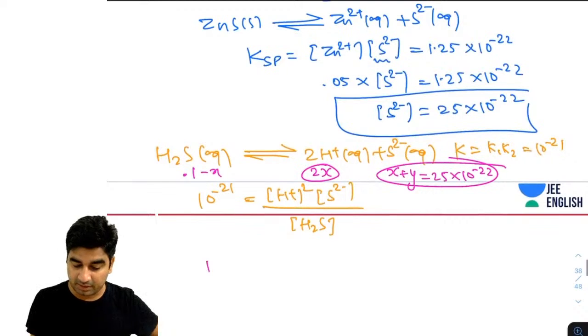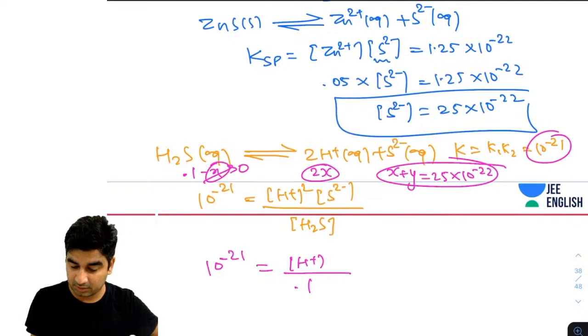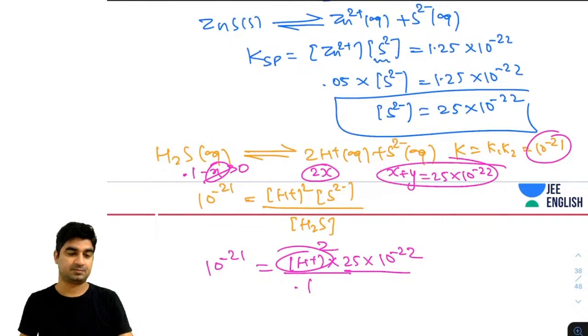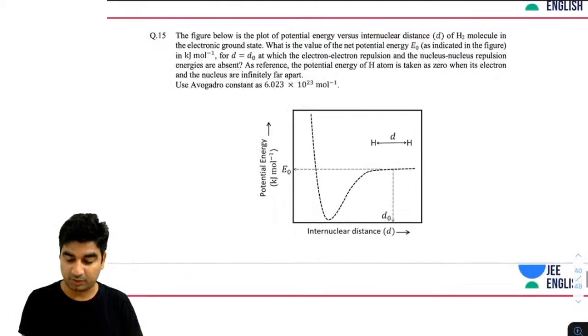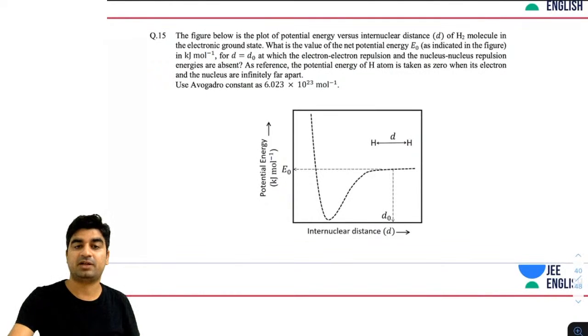So here guys, directly you can put this, and because this K is very small, so value of this X can be neglected. So 0.1 will be there, guys. H plus square into, I hope now you can get it. I hope guys now you can get it easily. You can do it. So this was again a very good problem, guys, something related to it.